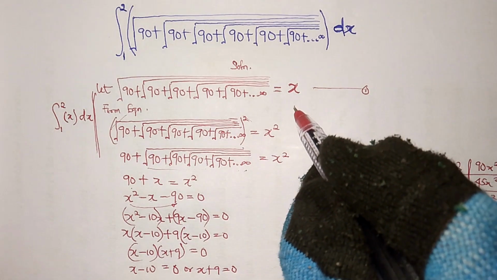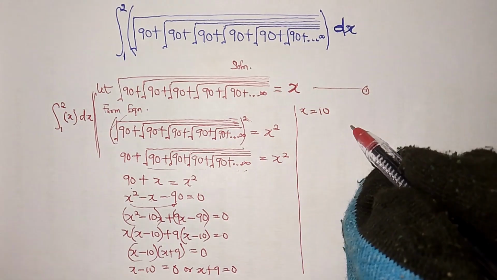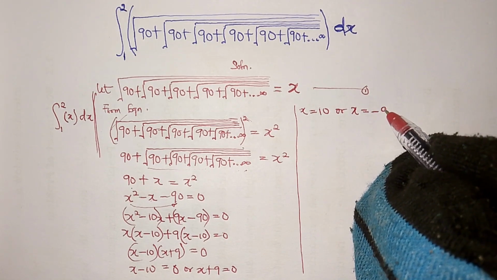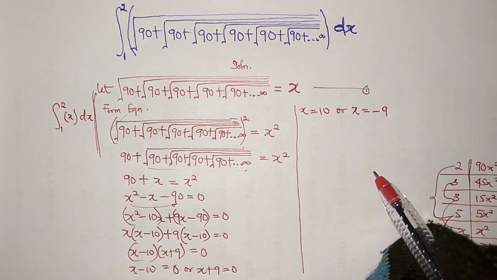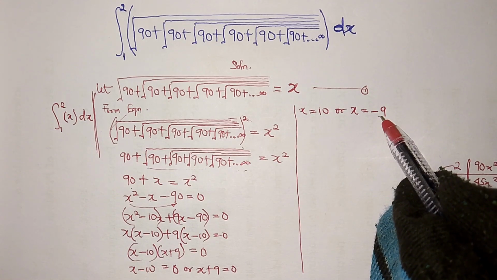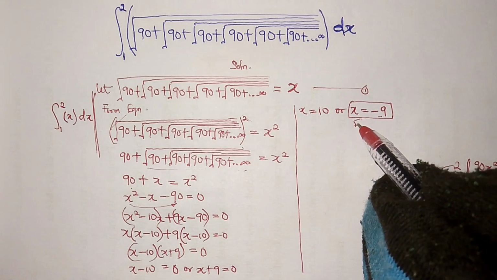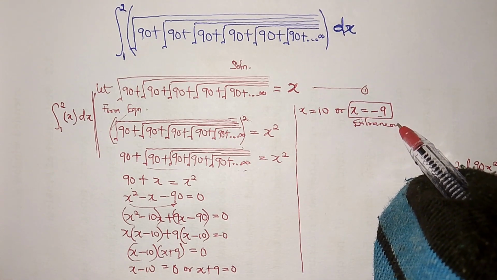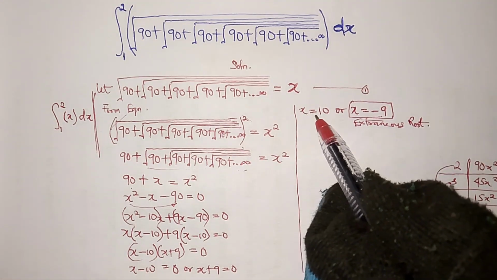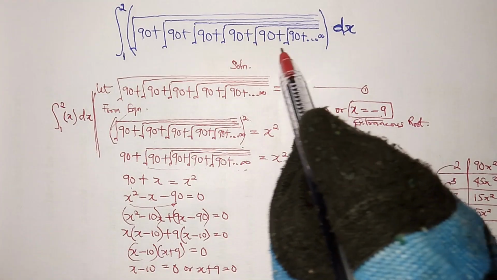Therefore, x equals 10 or x equals minus 9. The whole root of this cannot be equal to minus 9. Therefore, this is an extraneous root which will not satisfy this equation, and x equals 10 is the answer.